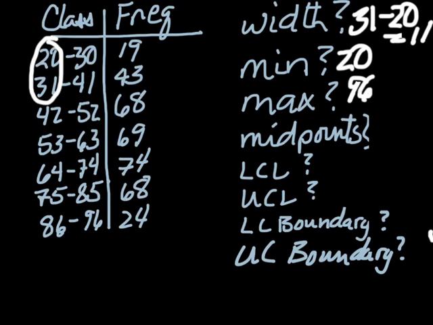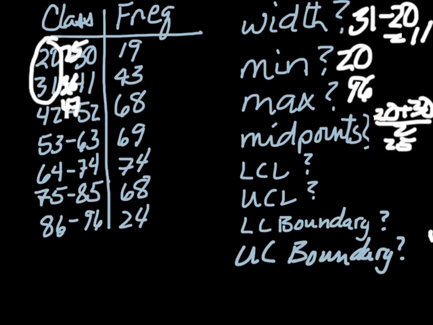What are the midpoints of each class? For the midpoints of each class, you will add the limits. So for example, you'd have 20 plus 30 divided by 2, which is 25. And so the midpoints are 25, 36, 47, 58, 69, 80, and 91.